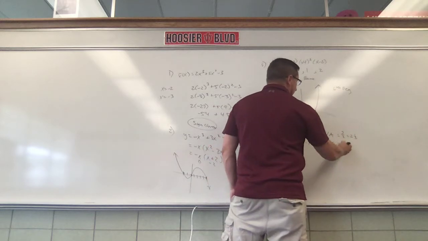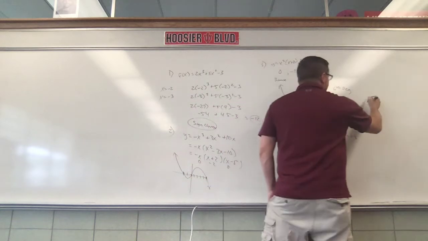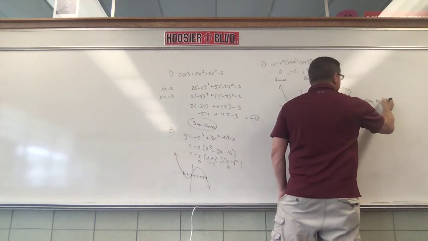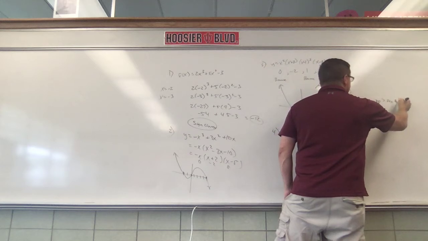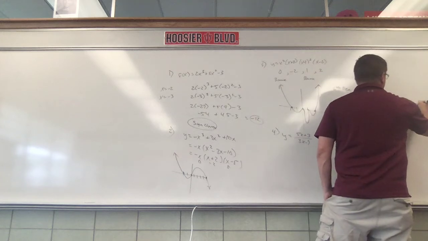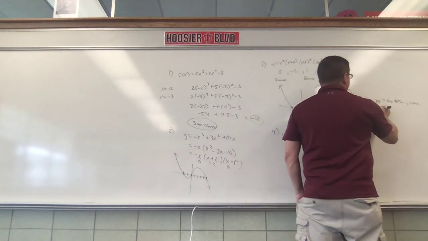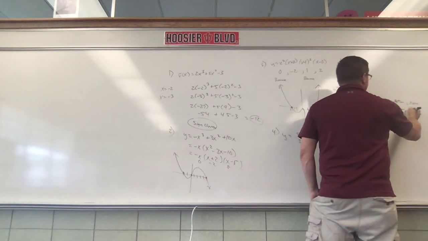Horizontal asymptotes, if you remember. I will give this to you on the test. If the degree of the top is bigger than the degree of the bottom, there are none. If the degree of the top is smaller than the degree of the bottom, it's the x-axis.